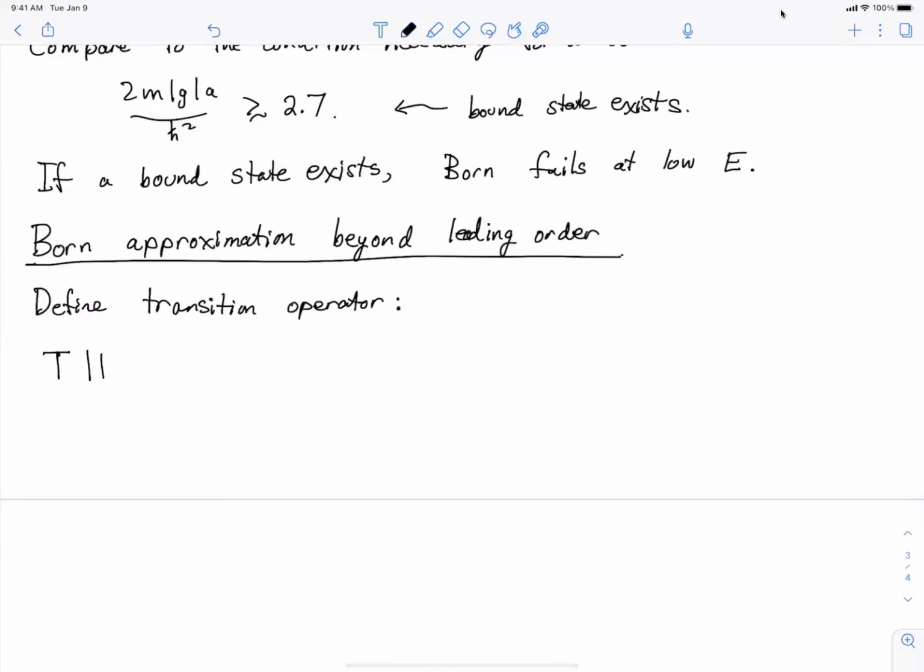We're going to define the transition operator T such that when it acts on any plane wave state, k, so that's some momentum eigenstate, it gives back the potential that we're talking about times the resulting scattering state, which we called psi plus or minus, but now we know it's psi plus. Okay, so that's how we define it for every plane wave.